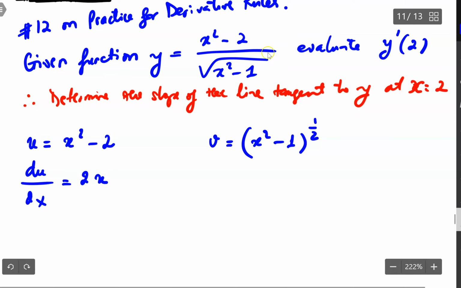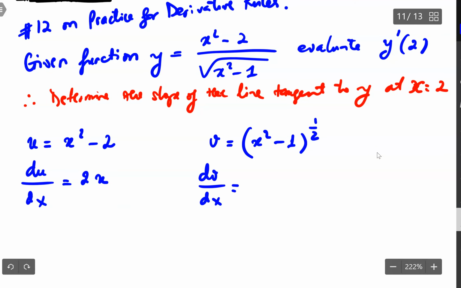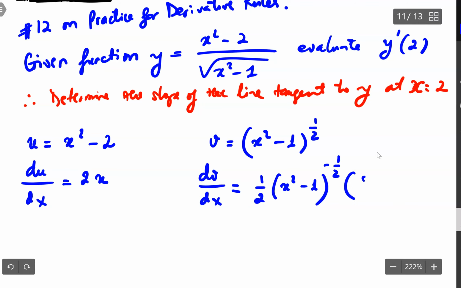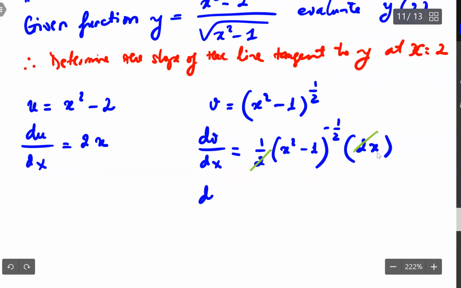In this case, you identify v as your denominator. So dv over dx is a half times x squared minus 1, you take 1 away from the half, so it will be negative half, and then multiply by 2x. At this point, I can see that this 2 can cancel with that 2, and my dv over dx now will become x times x squared minus 1 to the negative half.